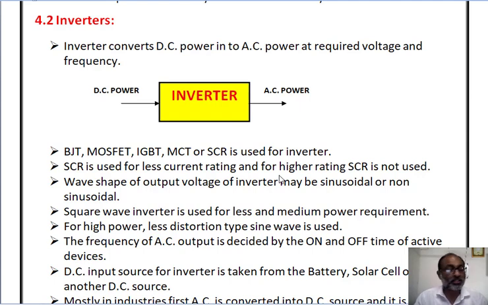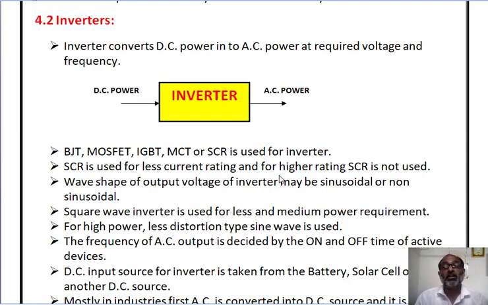Mostly in industry, the first step is to convert AC power into DC power. We have already studied that the output that comes from the rectifier is pulsating type.